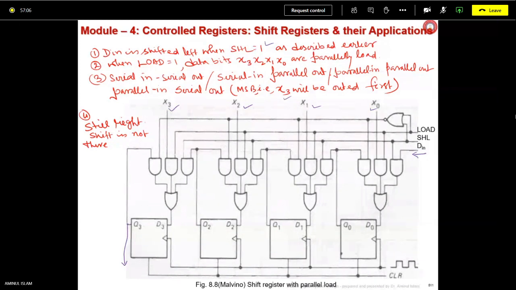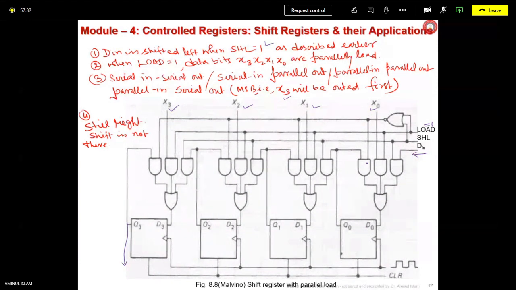When load equals 1, and SHL, take it as 0, what is going to happen? Shift left is 0. You can take shift left equals 1 also.